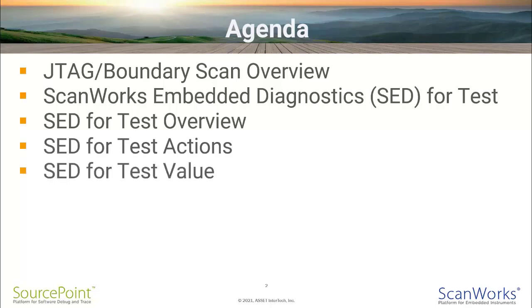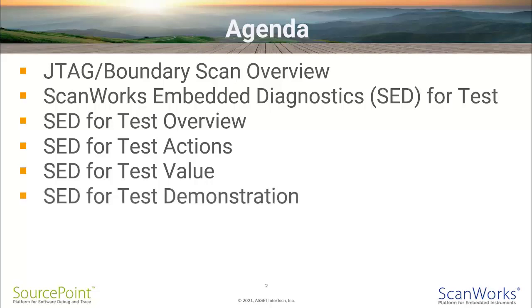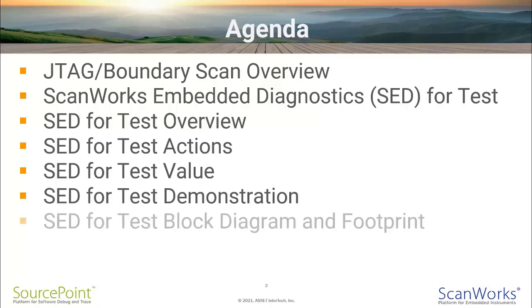Then I'll discuss the value of SED for Test as a powerful application of the JTAG boundary scan technology. Next, I've prepared a demonstration using the SED for Test technology, so I think you'll really get a treat out of that. Then I'll discuss the amount of onboard resources that are necessary for an SED for Test implementation, and then we'll wrap up with a few concluding remarks, and we'll open it up for any questions.